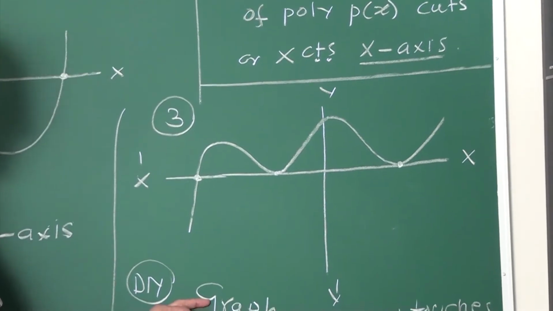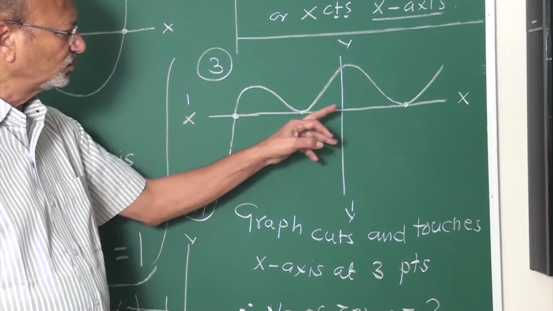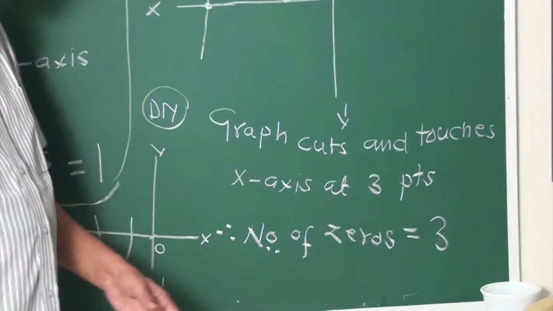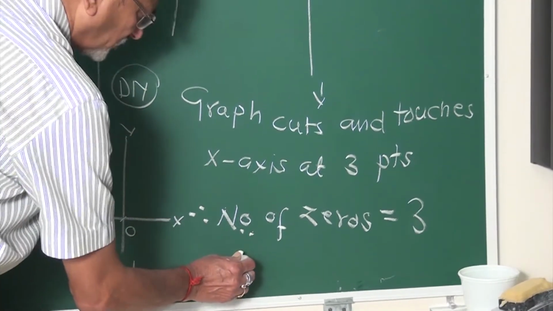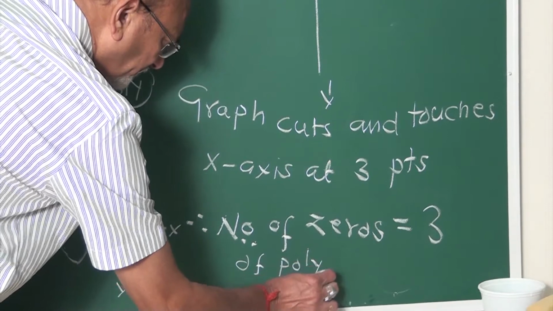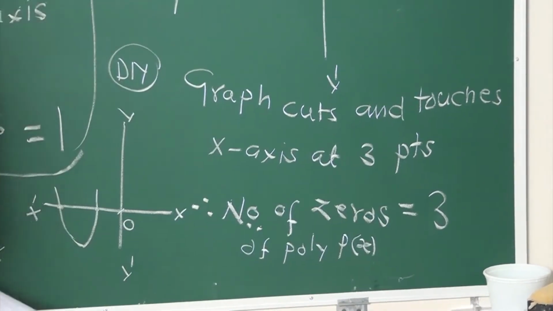Totally, the graph cuts or touches the x-axis at 1, 2, 3, three points. Therefore, the number of zeros of the polynomial p(x) is 3.